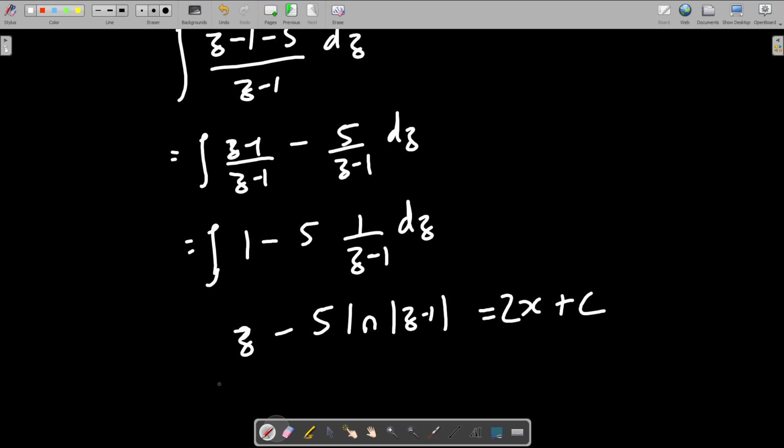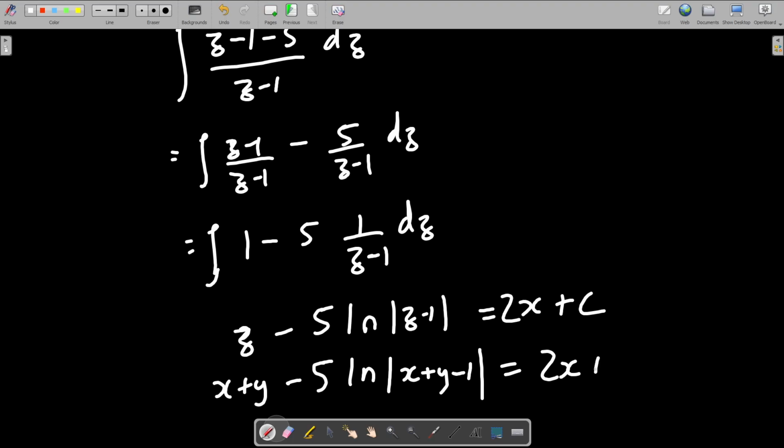The z value was taken to be equal to x plus y, no? So x plus y minus 5 times ln of modulus of x plus y minus 1, this thing.